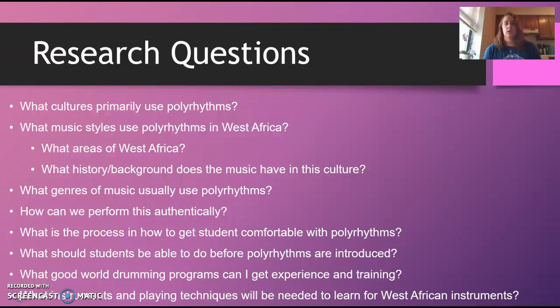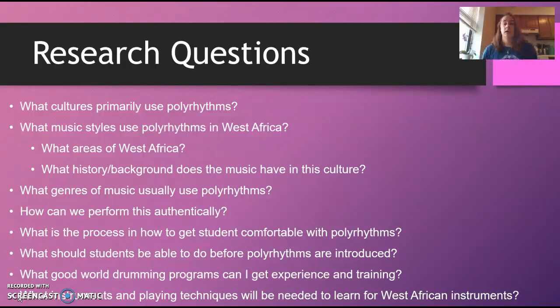I understand that probably a lot of cultures all over the world use some form of polyrhythms, but I wanted to see if I could find cultures that really use polyrhythms to start my research on.